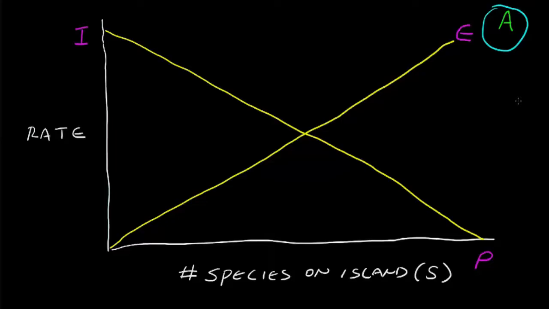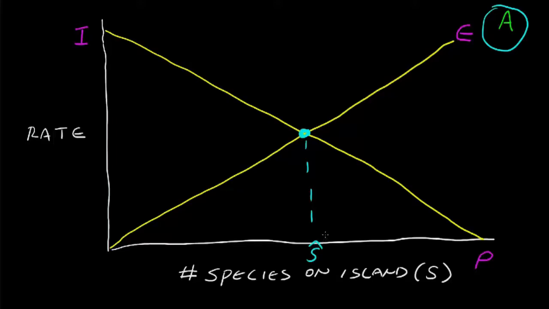So this is the graph that we've left off with, right? Should be familiar. This is a graph that shows our immigration and extinction lines. And of course we've got our S hat value here. So this is our species richness we expect at equilibrium.